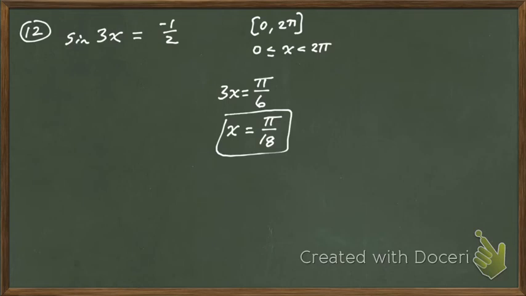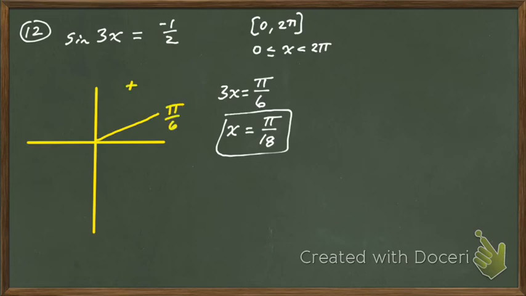What other quadrants have a negative sign? Now this may not work because what do we have at pi over 6? At pi over 6, is it positive or is it negative? I need the sine, which is the y value, to be negative. So what quadrants would it be in?